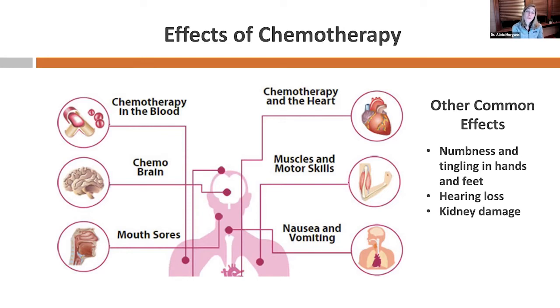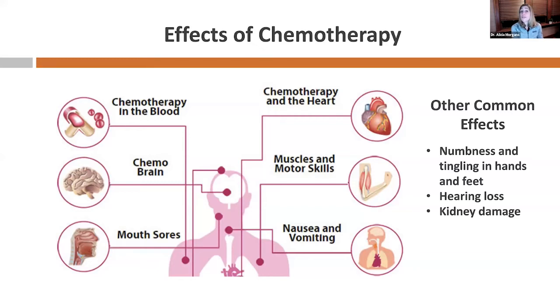But it also goes into other cells that are trying to survive by dividing and replicating themselves, like blood cells that are just turning over and making new cells all the time, or heart cells that can be damaged pretty easily, or muscle cells that need to be in a healthy environment to stay well and to grow and to get strong. So chemotherapy goes into all of those cells.